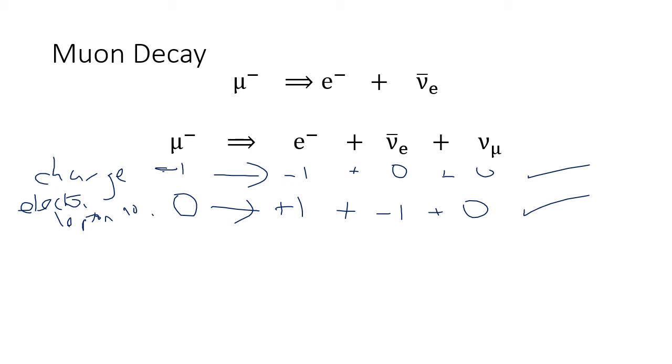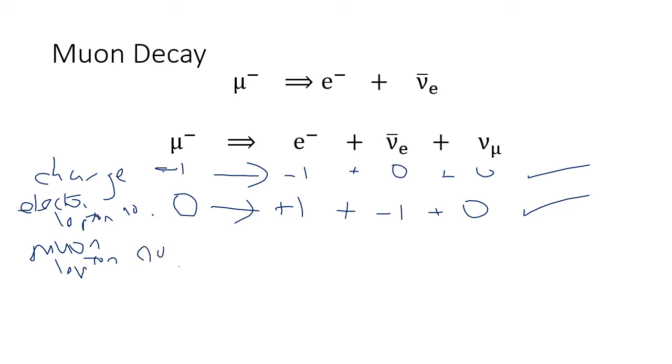So why do we need this other neutrino? Well, we need this muon neutrino because there's also a muon flavour lepton number.